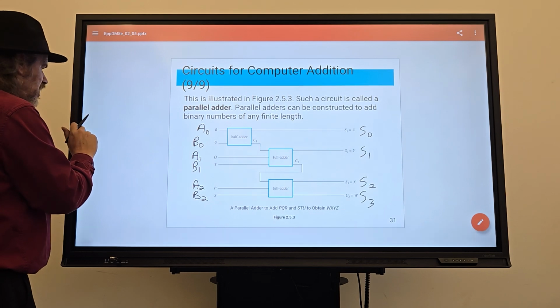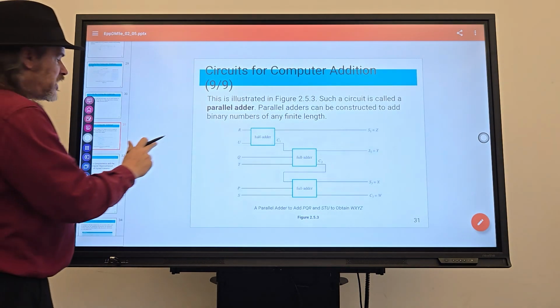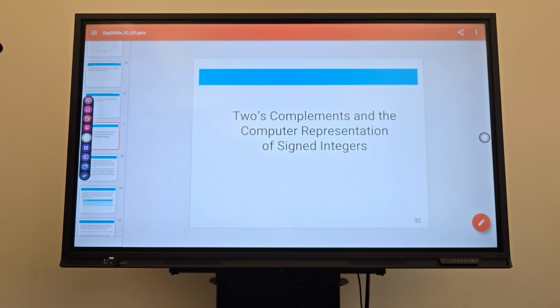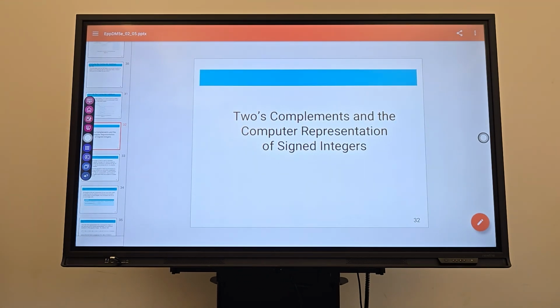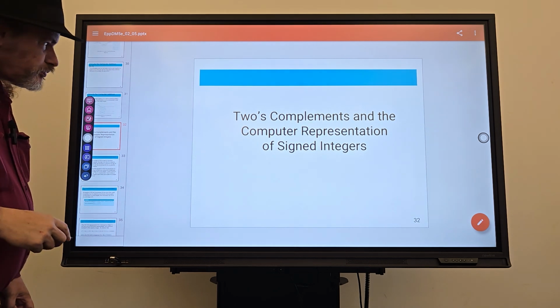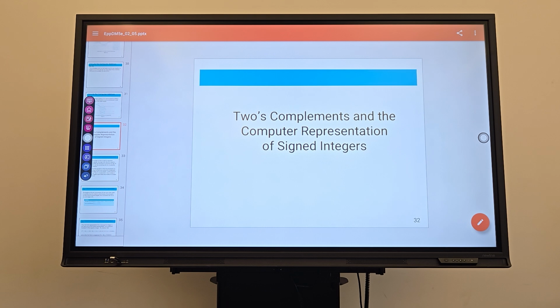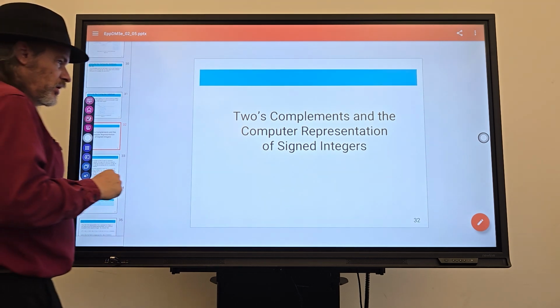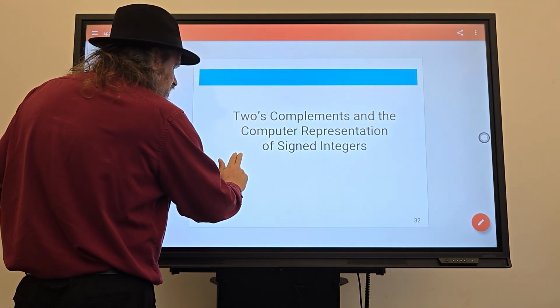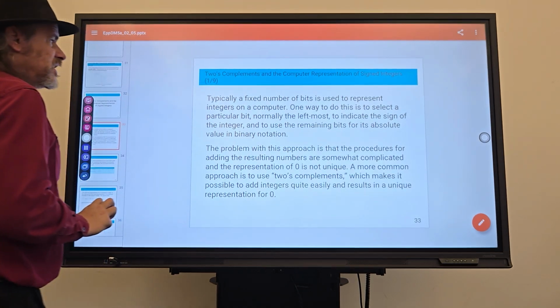But anyway, now this is where subtraction comes in. Subtraction is just adding a negative number, making a number negative, and then adding it to the previous number. Negative numbers are represented by 2's complement, a system called 2's complement, and that represents signed integers.